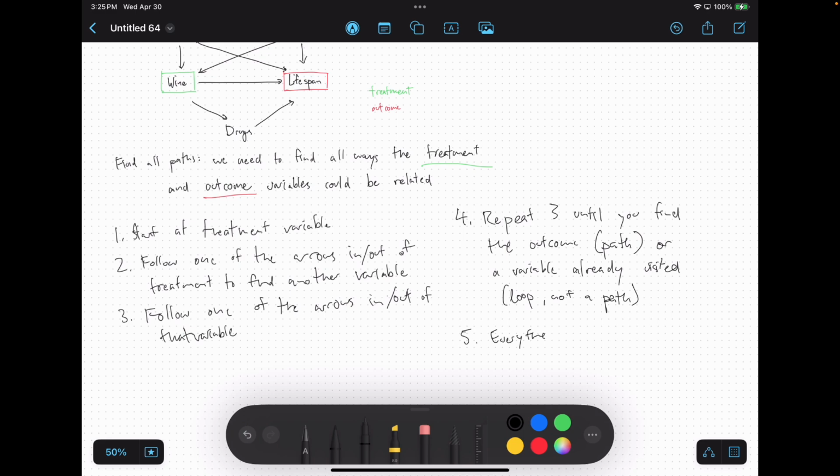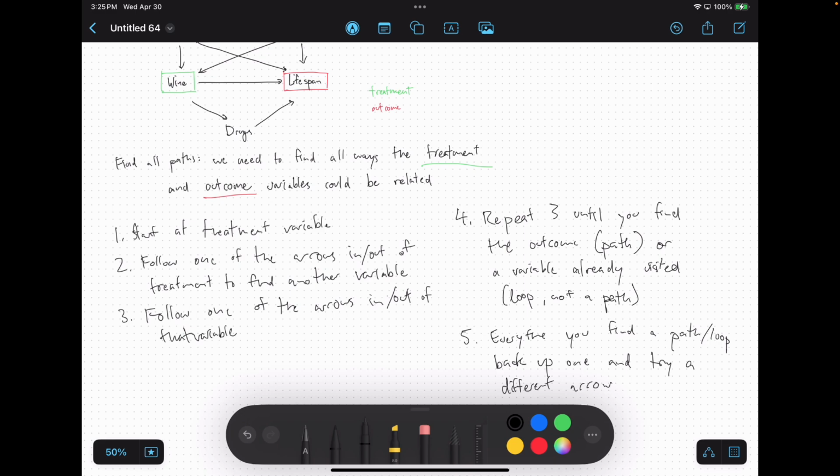Every time you find a path or loop, you back up one and try a different arrow.